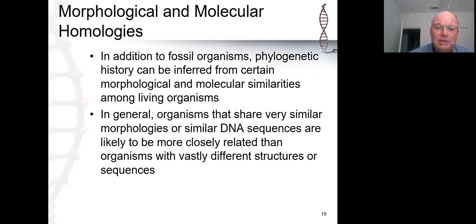But sometimes what appears to be the product of homology can actually be the product of analogy, or as we described it previously, convergent evolution, where two totally unrelated organisms converge on a common solution to a particular problem, because there are only a limited number of solutions that can be developed by natural selection and evolution.